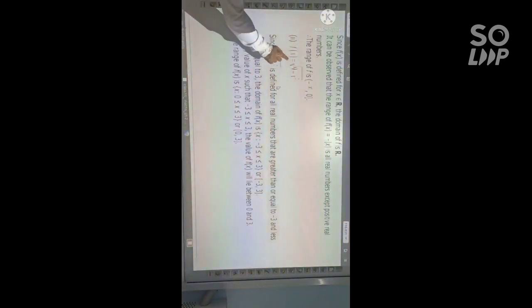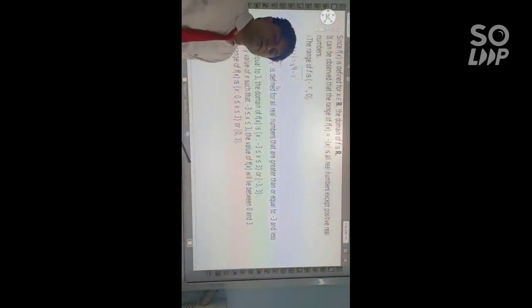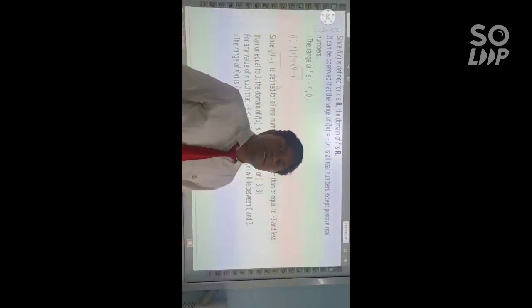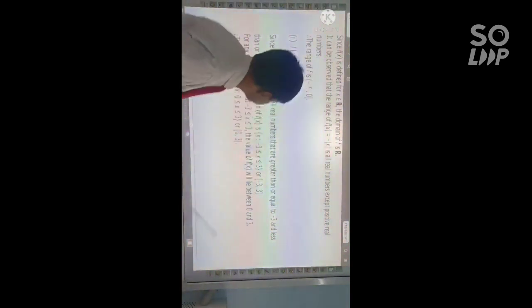Check this with the value 4: 9 minus 4 square. 4 square equal to 16, and 16 is greater than 9, so you find that this is an imaginary value. So this is possible for real numbers only if the value of x is from minus 3 to 3.